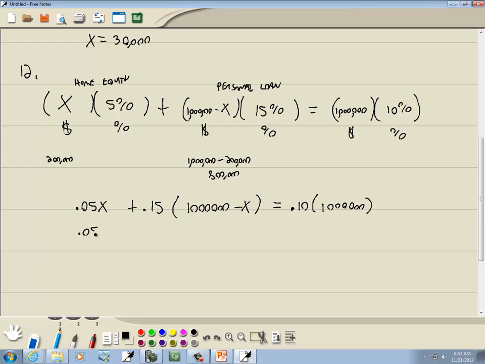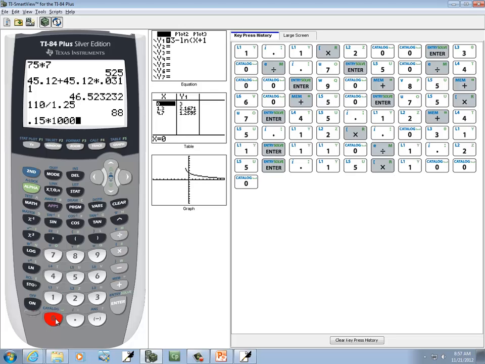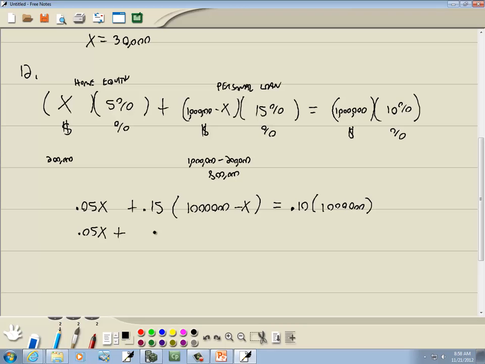Well, first step, get rid of parentheses. 0.15 times 1 million gives us 150,000.